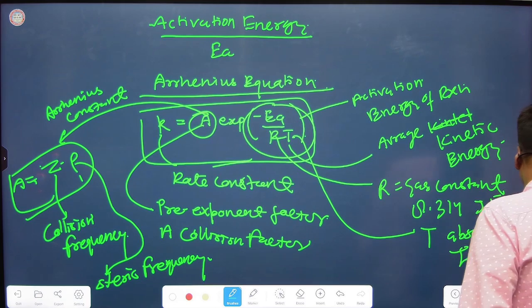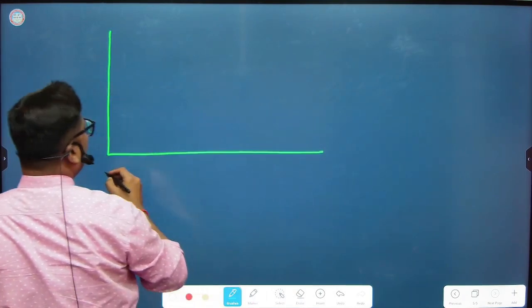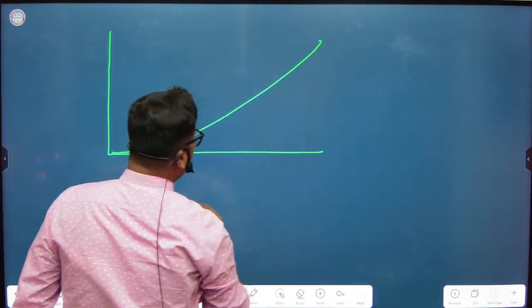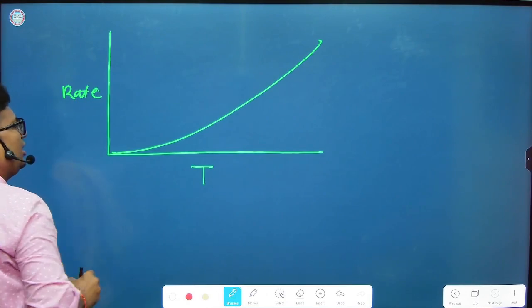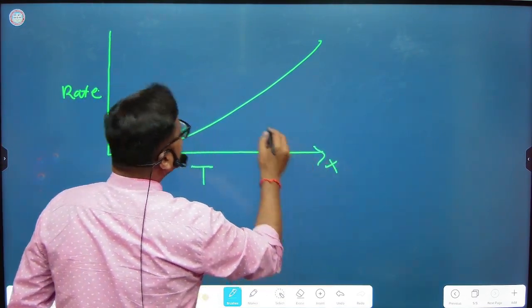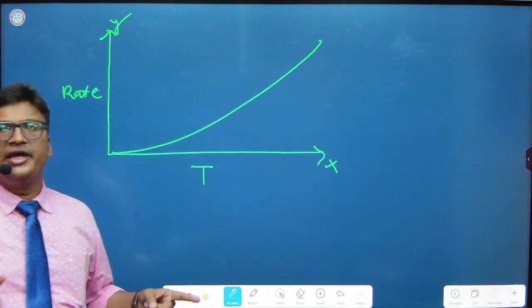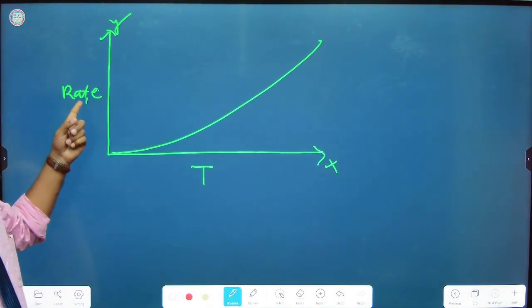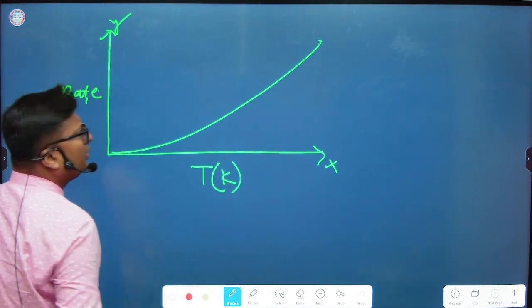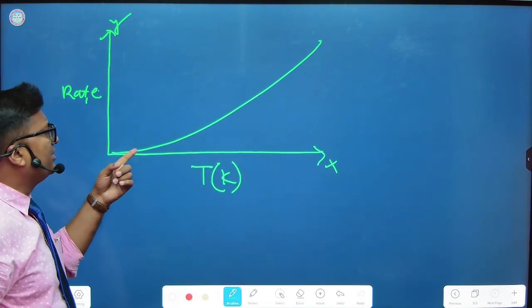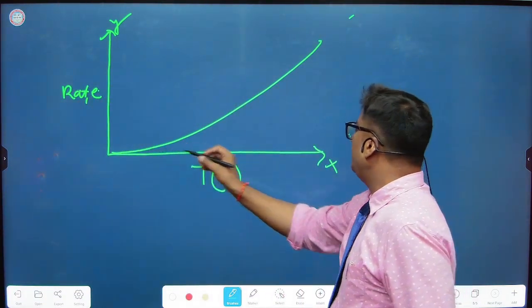What you know is that for a particular kind of reaction, if you plot rate versus T, where this is rate and this is temperature in Kelvin, the rate of reaction increases exponentially with increase of temperature, right?